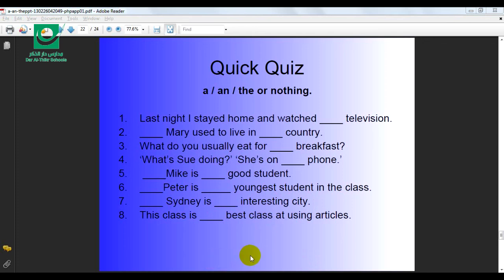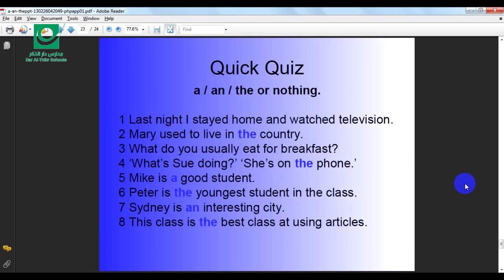Now, have all of you written the answers? Let's check together. Number 1. Last night I stayed home and watched television. Number 2. Mary, without any article because it's the name of a person. Mary used to live in the country. Number 3. What do you usually eat for breakfast, without any article.